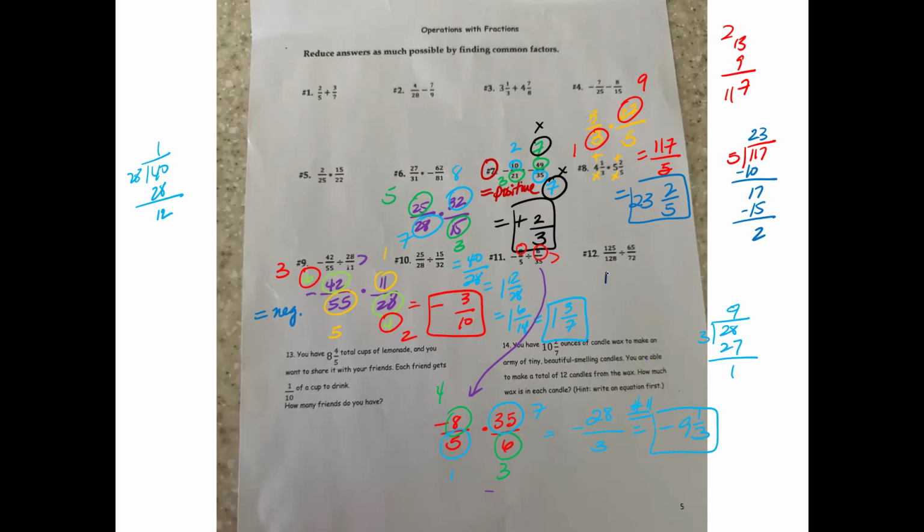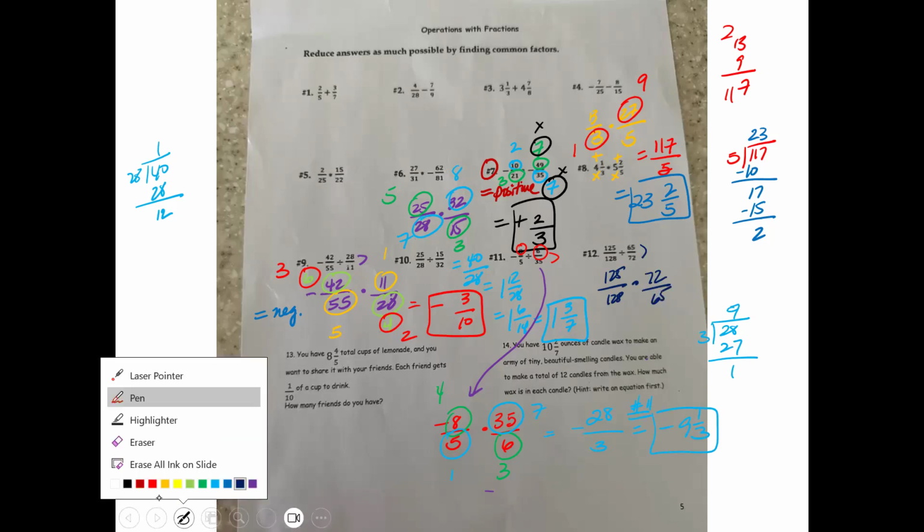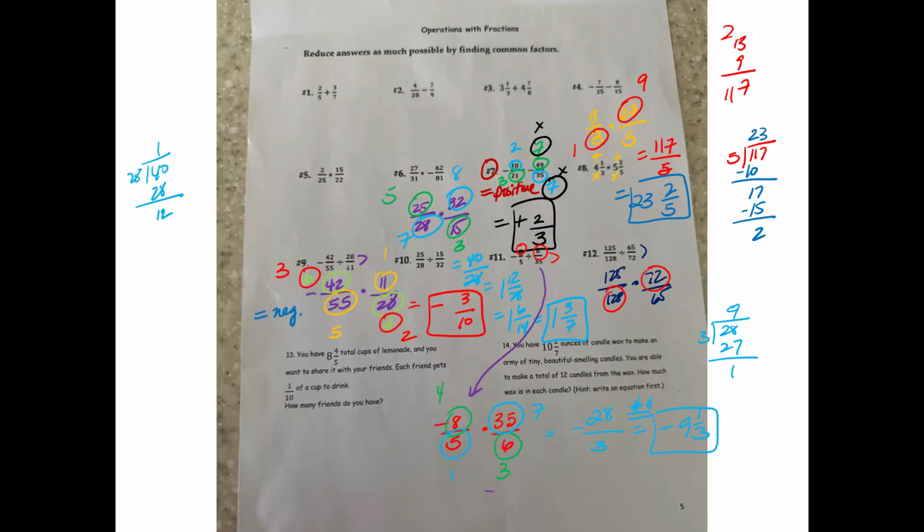Yeah. Number 12, 125 over 128 times, flip the reciprocal, right? Change the division to multiplication. You've got to flip the second fraction. Now, this one's a little bit more difficult because 72 and 128, they're both even. I don't know what number actually goes into them, but I can divide by 2 and put 36, and this is a 64, right?